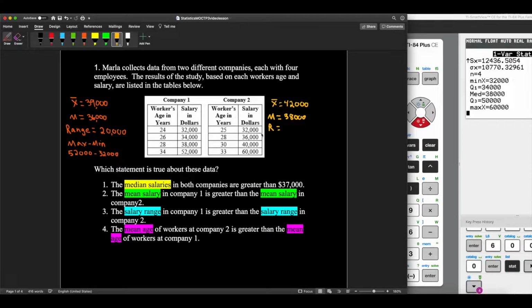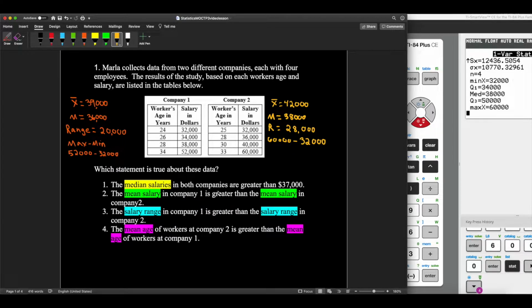Remember, max minus min, 60,000, minus the min of 32,000. Well, 60,000 minus 32,000 is 28,000. Sloppily written, I apologize because this thing's getting crazy. And there you go.